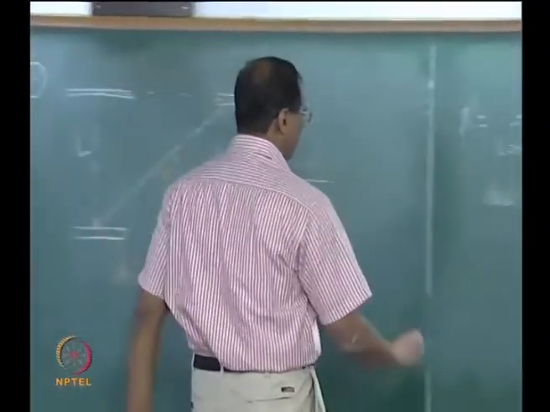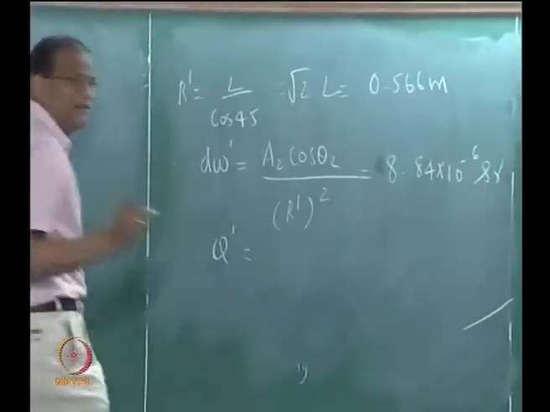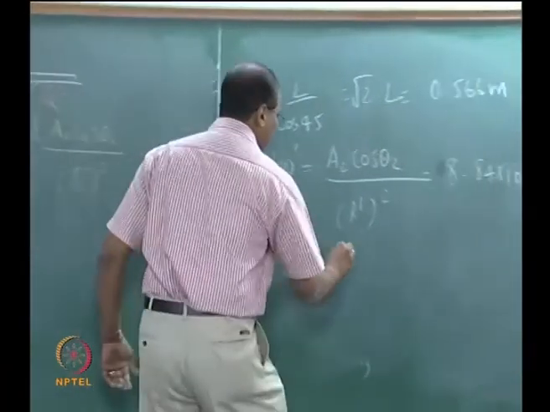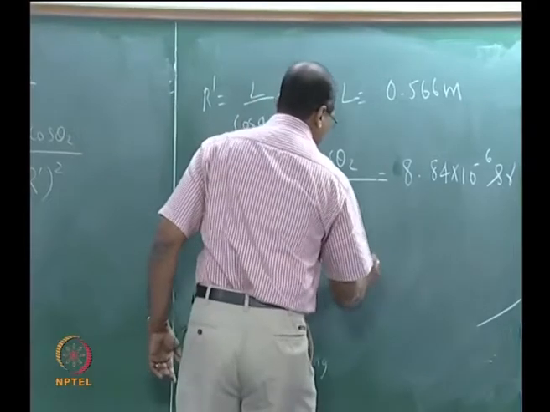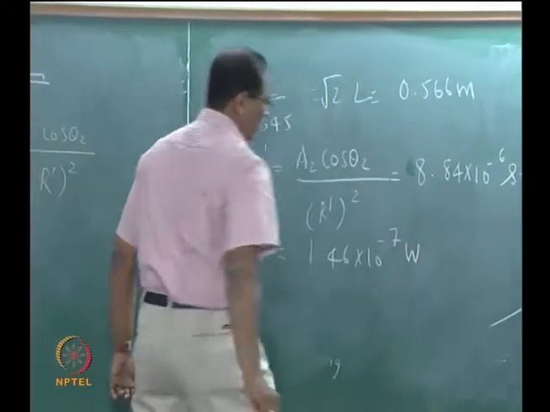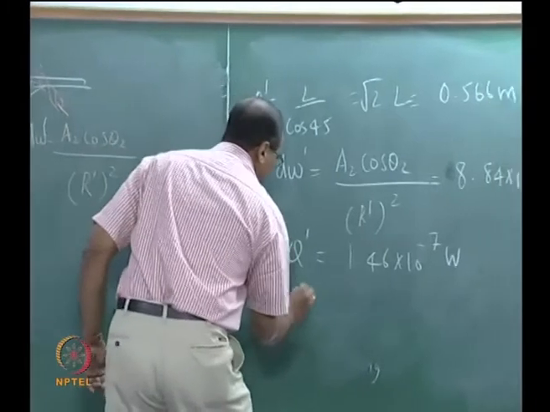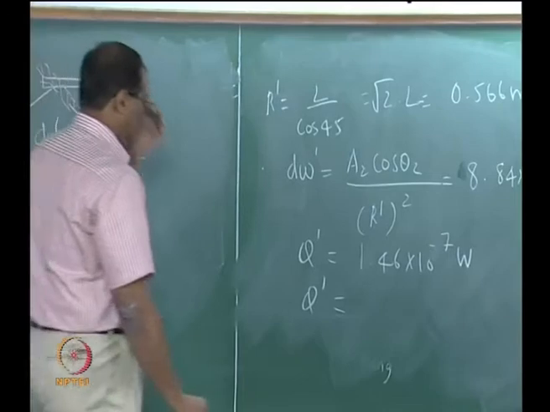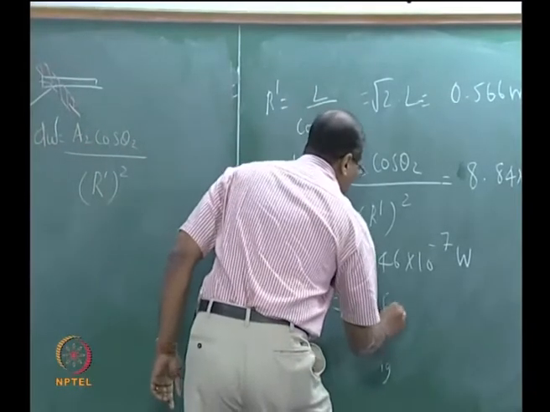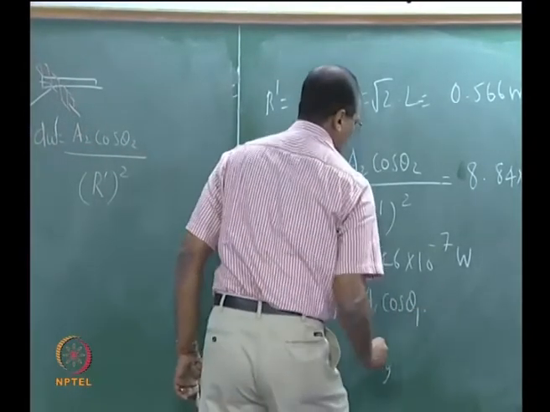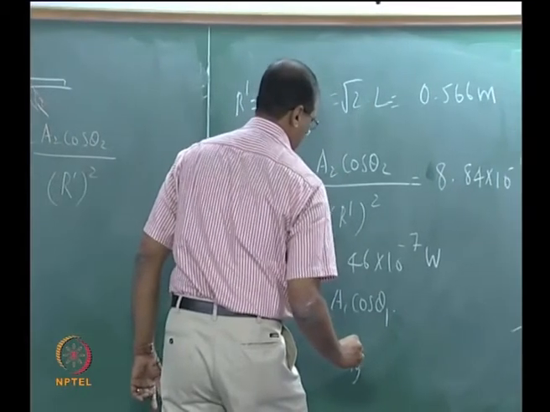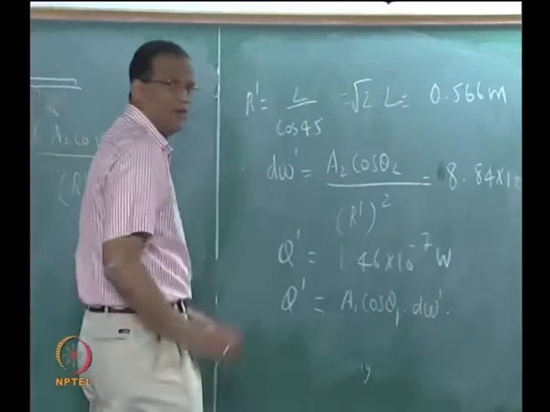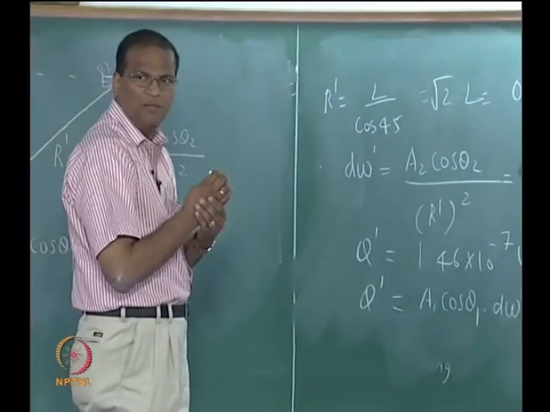Q equal to Q dash. Now what is given? 1.46 into 10 to the minus 7. Q dash is also equal to d omega dash, IB.